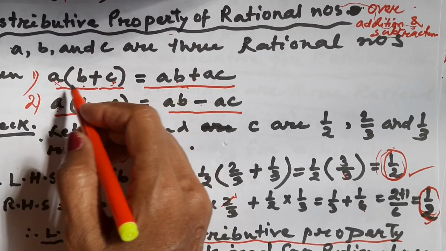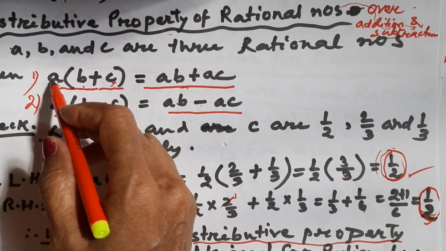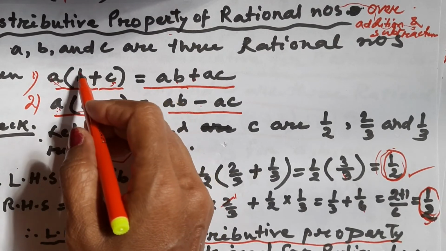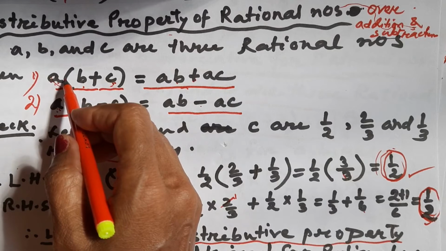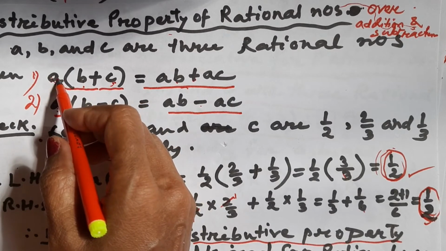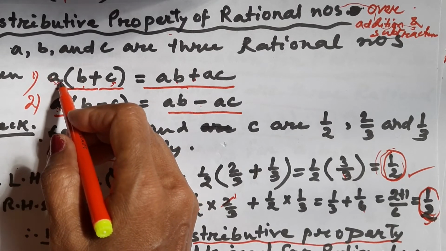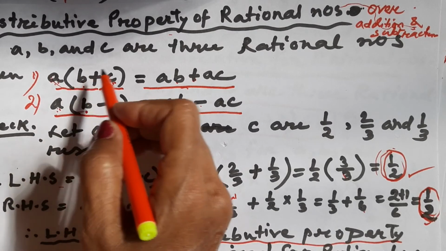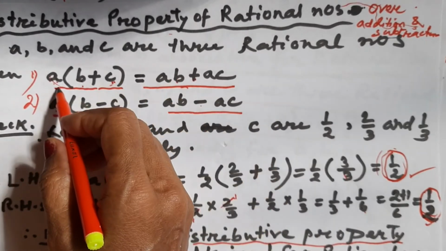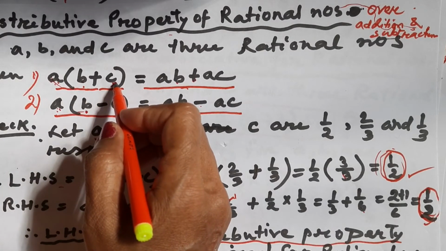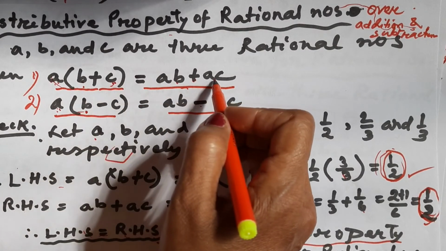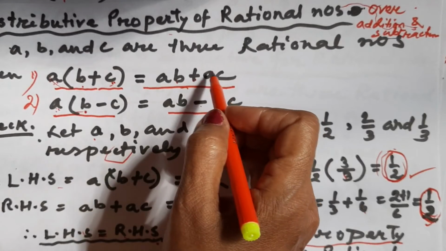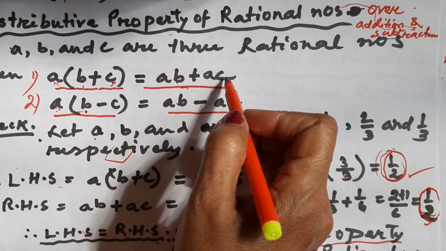That is, here we have to multiply the numbers within the bracket with the number outside the bracket, and first we shall multiply the first number, it will be AB, and second we shall multiply the second number, it will be AC. So, right hand side will be AB plus AC.